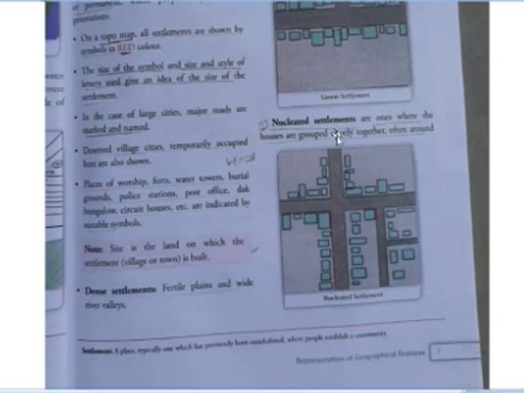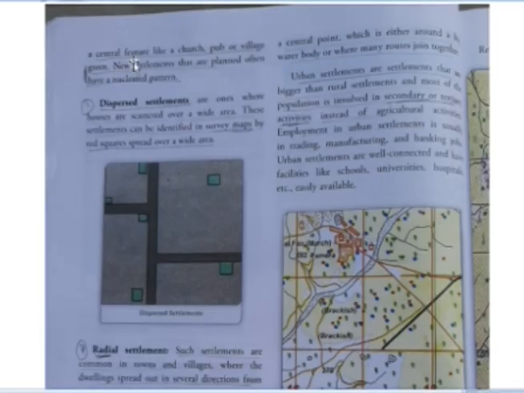Nucleated settlements are ones where the houses are grouped closely together, often around a central feature like a church, pub, or village green. New settlements that are planned often have a nucleated pattern. Nucleated pattern means people settle or houses are built around a central place.